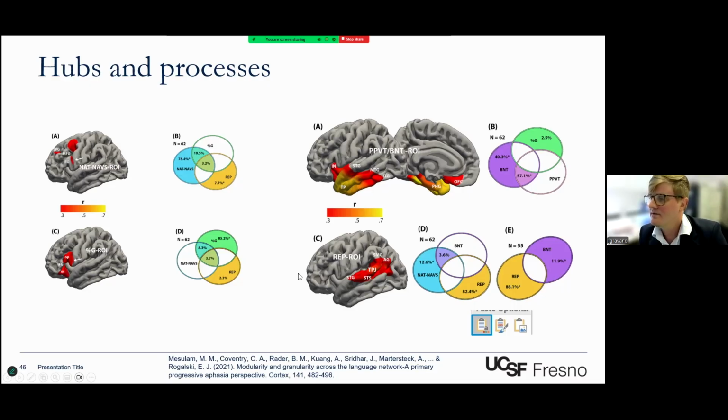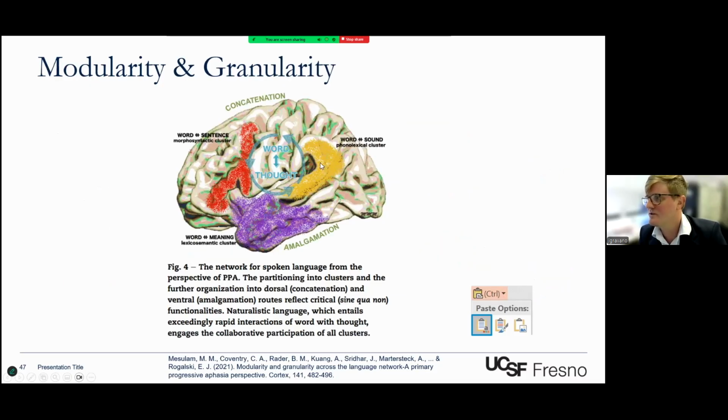And so this is how these investigators consider the hub versus process integration. They label modularity and granularity in these processes to get at a behavioral output and what you're actually seeing and what the person is going through internally.